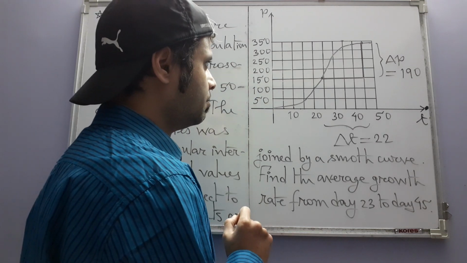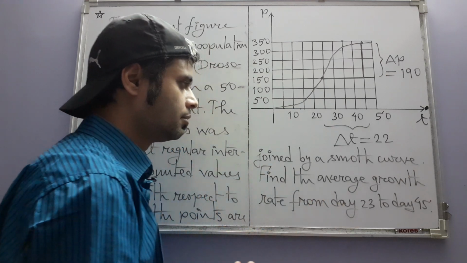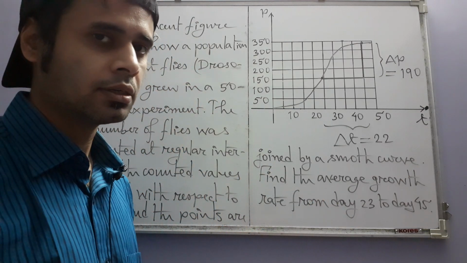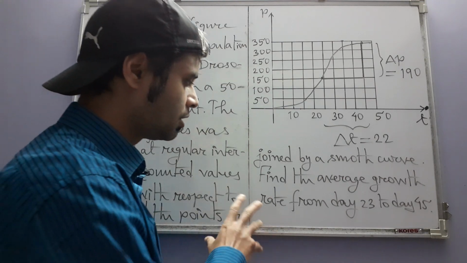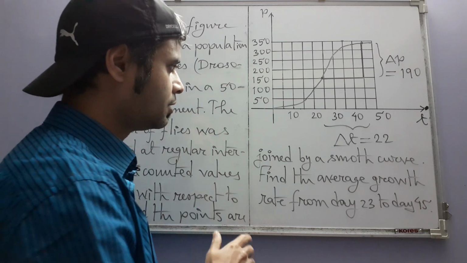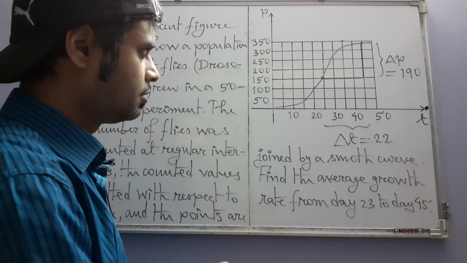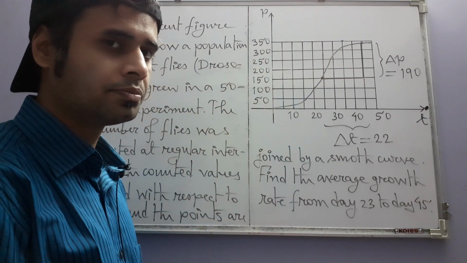Here, however, it's given as a plot, and this is more realistic, because in realistic situations, when you perform some experiment and record your values, that's what you get first of all.